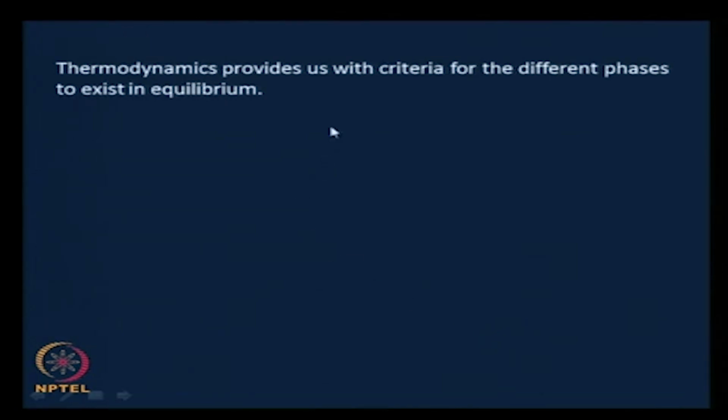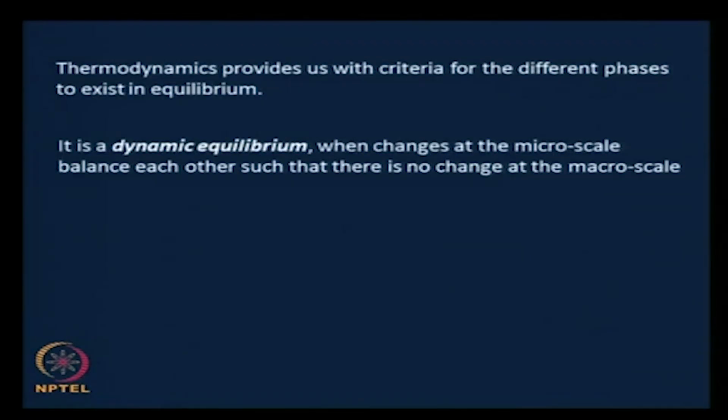Thermodynamics provides us with a criterion for different phases to exist in equilibrium. It tells us a priori when they will be in equilibrium, and that is the power of thermodynamics. It is a dynamic equilibrium when changes at the micro scale balance each other so that there is no change at the macro scale.